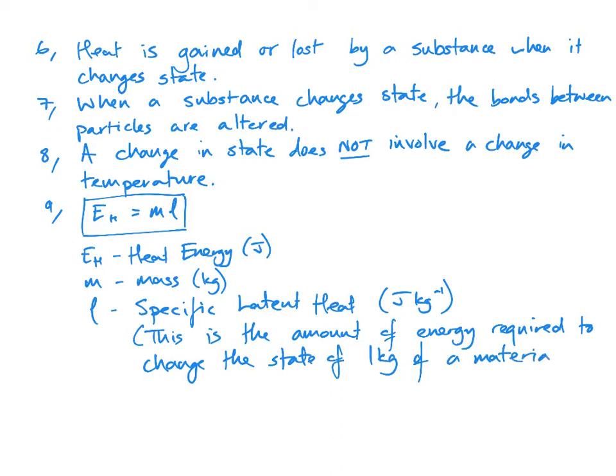And once again, just like specific heat capacity, you'll find tables of this in the data sheet. Also a reminder of the units, if you're struggling to remember them. They'll be included in that table as well.